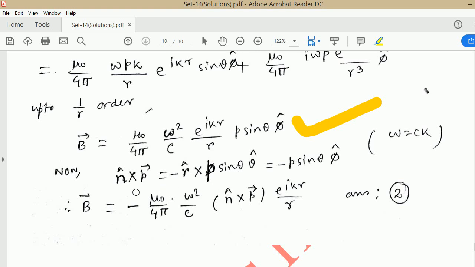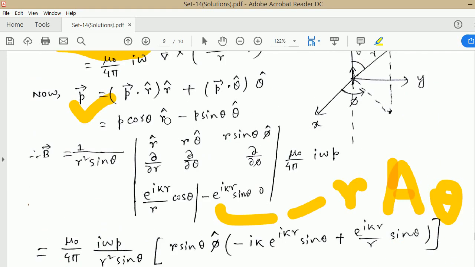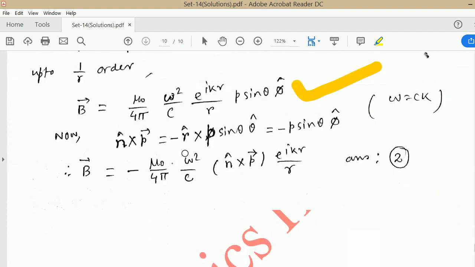We have taken the cross with p, and n cap means r cap, so r cap cross r cap will give you 0 because sin 0 is 0. The remaining term is minus p sin theta theta cap. That's why a minus sign is there. So r cap cross theta cap is not giving 0, it survives, giving phi cap.